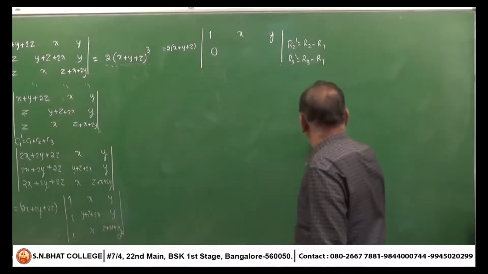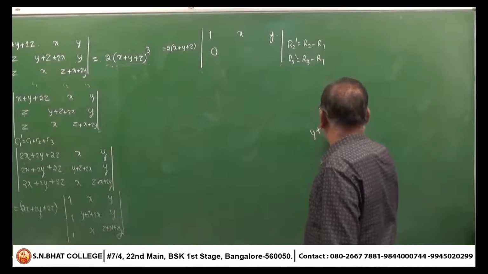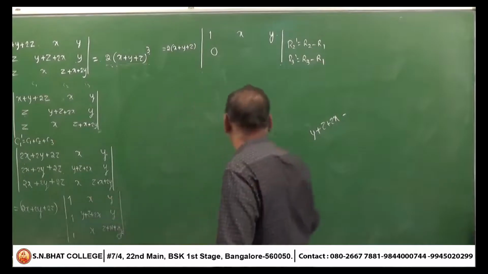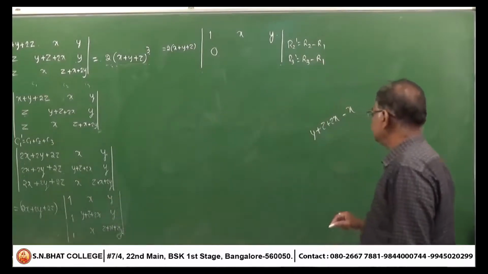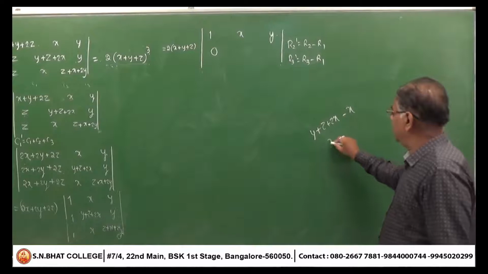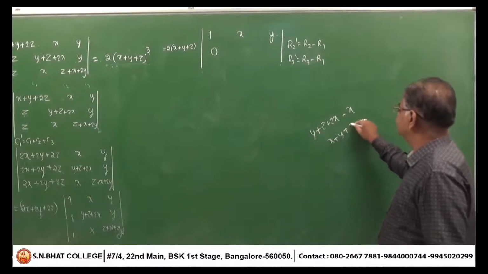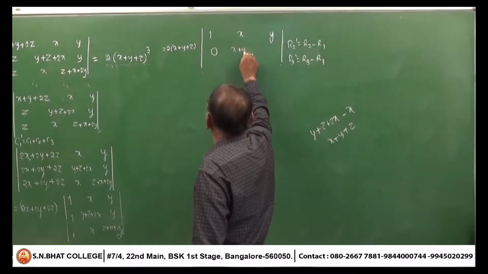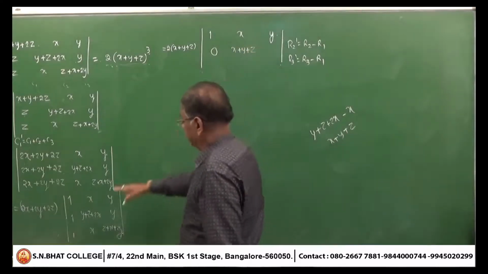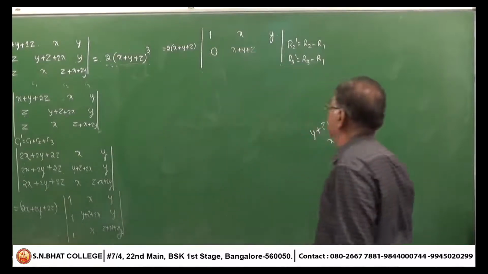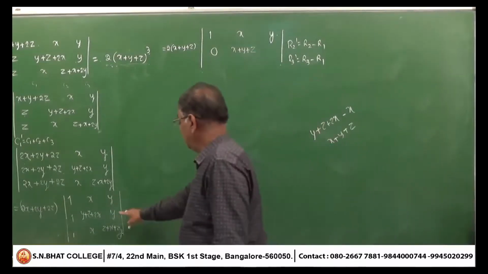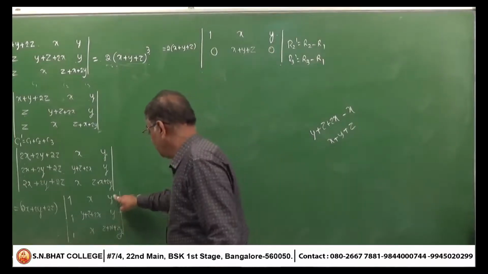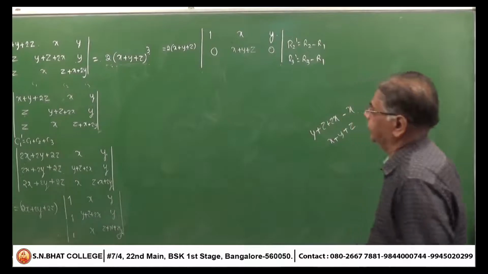Next, y plus z plus 2x minus x: 2x minus x becomes x, plus y, plus z. This minus this, x plus y plus z. Next, y minus y is 0.